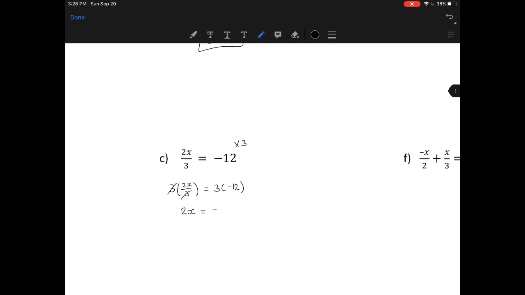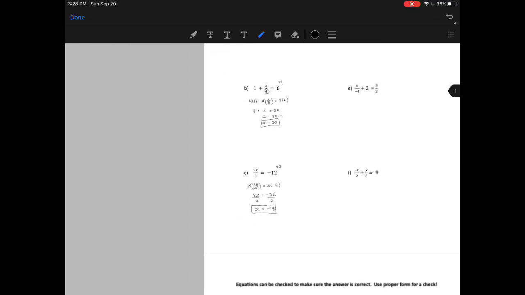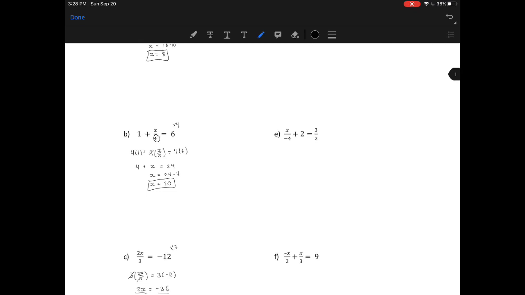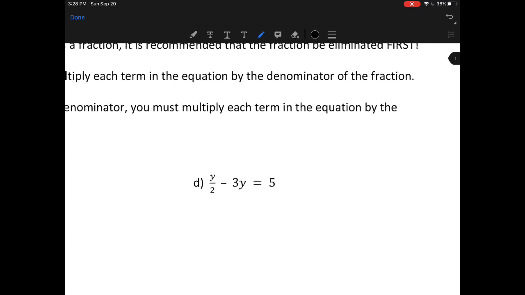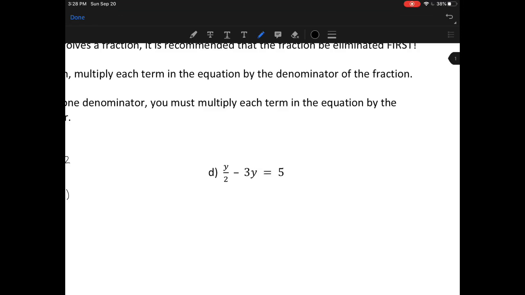The 3's cancel out. We're left with 2x equals negative 36. Then we can divide both sides by 2 to get negative 18 as our answer. Once that fraction disappears, it gets a lot easier to work with.